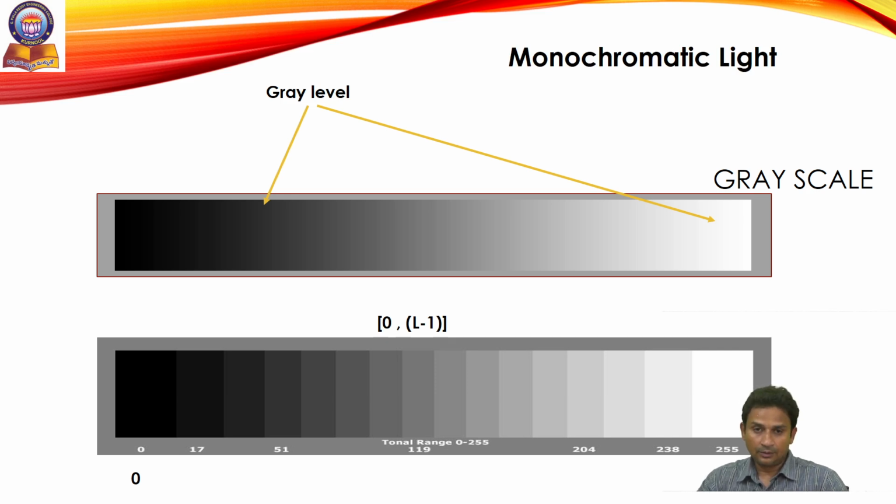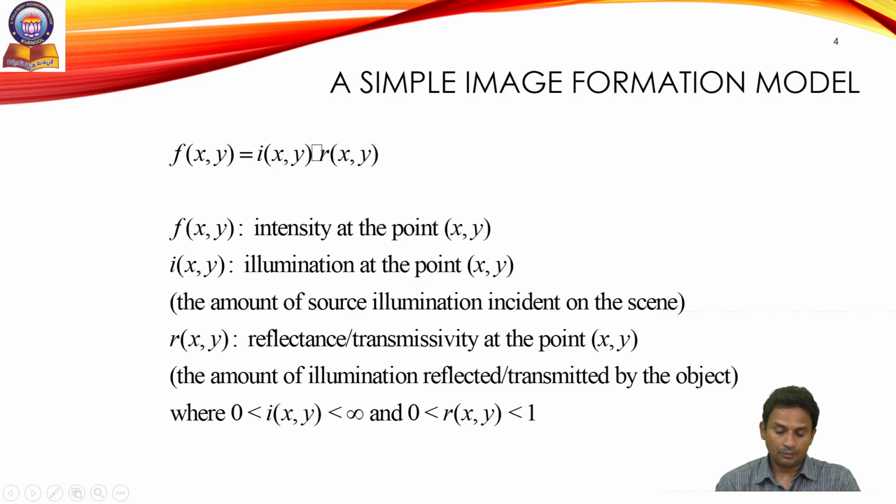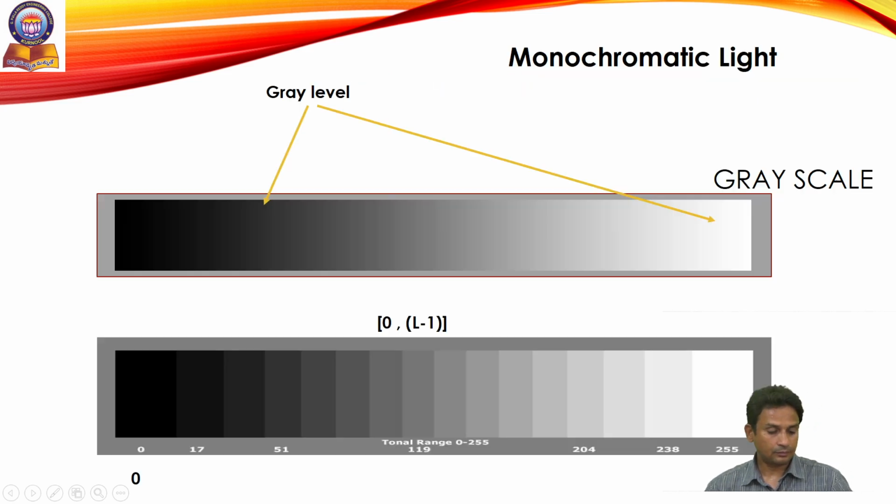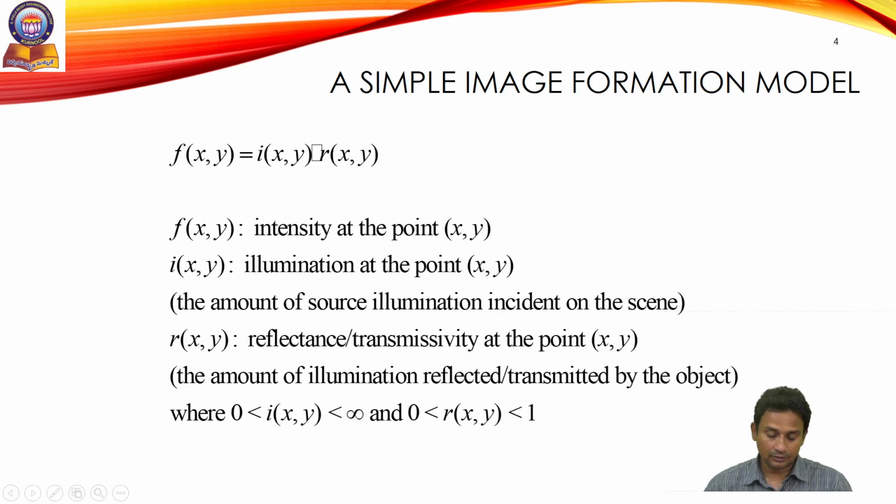This is the grayscale corresponding to a monochrome or black and white image, which is the result of a monochromatic light source. Here the grayscale extends from black to white. Between black and white, we'll have different shades of grays.